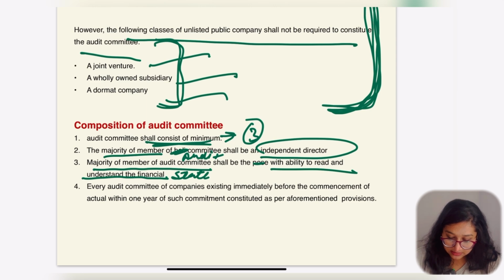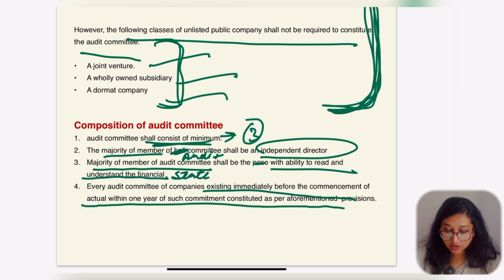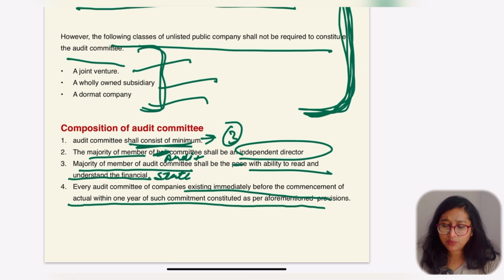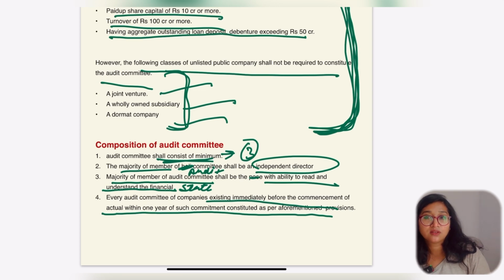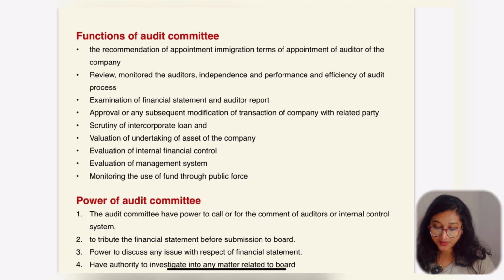Is it clear? Every company existing immediately before the commencement of the Act should constitute this audit committee within 1 year of commencement, if they are falling under the criteria.